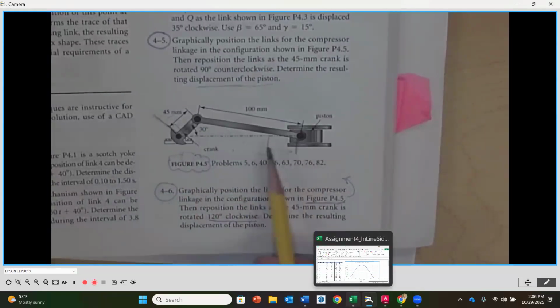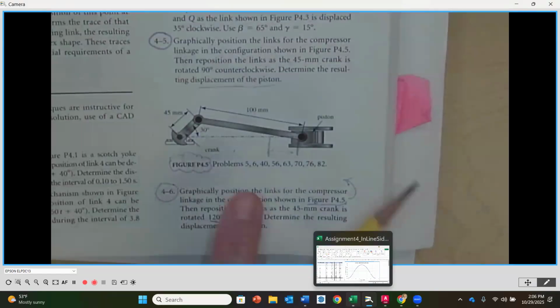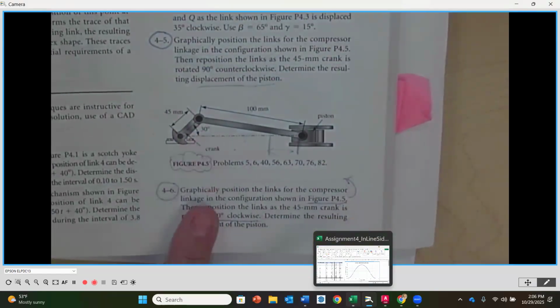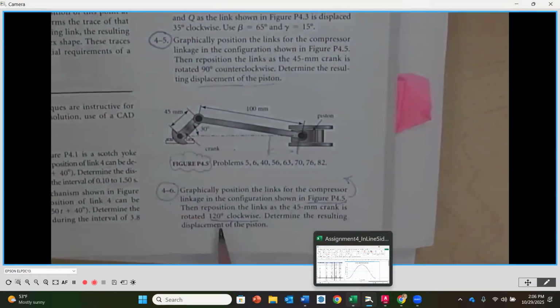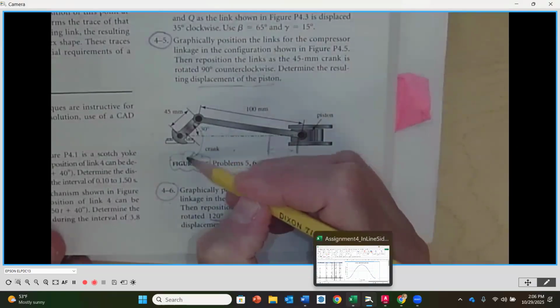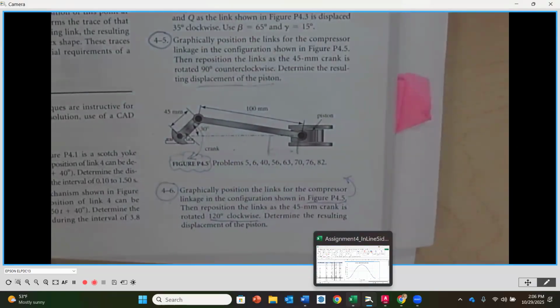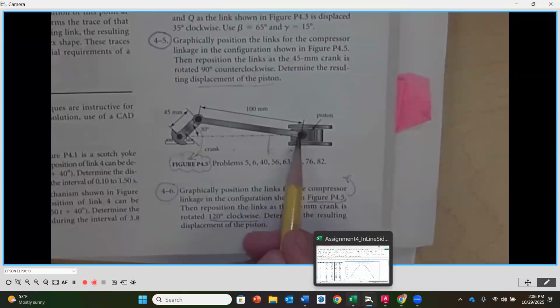Then you're going to dimension what the displacement is of the piston to its new position. Okay. Then starting back at the original diagram for 4.6, you're now going to move 120 degrees clockwise. So you're going to go 120 in this direction, and then you're going to, again, measure what the displacement was from the original position that we started at here.